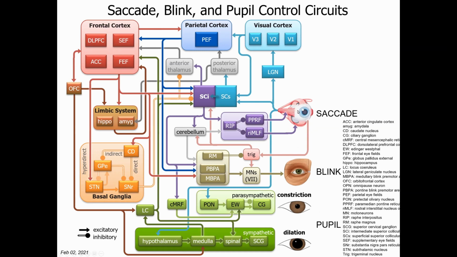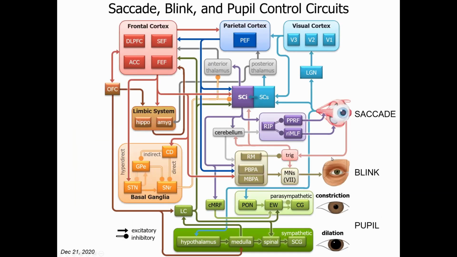We can get an image and use that to extrapolate eye movements, blink behavior, and pupil size and what they might mean. And over the many years of my career now, we've been putting microelectrodes in different areas of the brain here to understand this circuit.